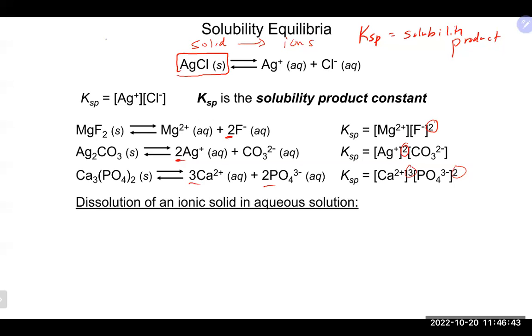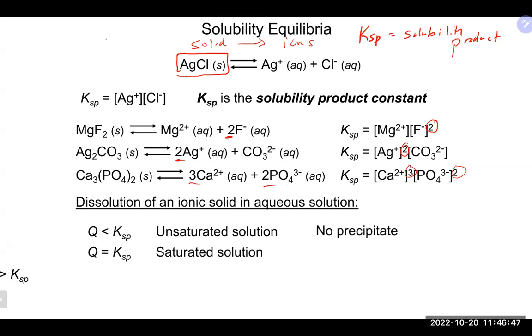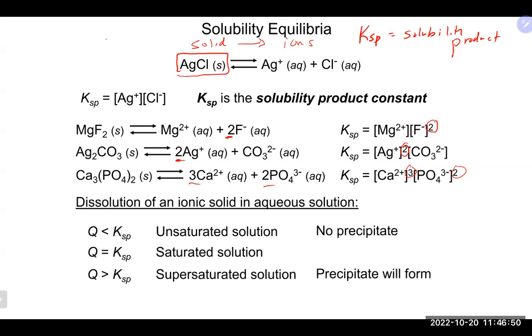We could also look at another letter that we've seen before, which is Q. And we could use Q with KSP to help us decide whether or not a precipitate will be made. A reminder that Q is the reaction quotient and Q is calculated the same as K, which means if I were to write the Q for this guy, it would be the exact same thing.